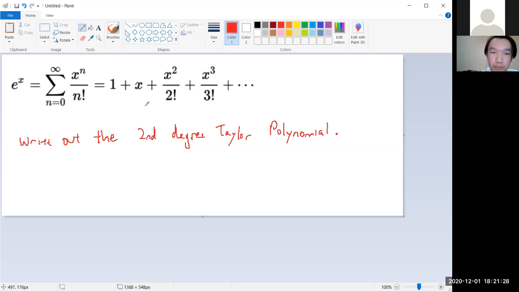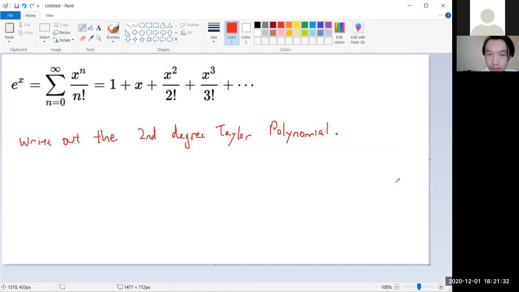Can you guys see? x squared over 2 factorial. Yes, but it has more terms. So you have to write out everything under it as well, so that it will also include the x and the 1.